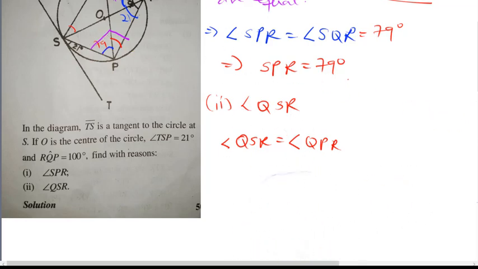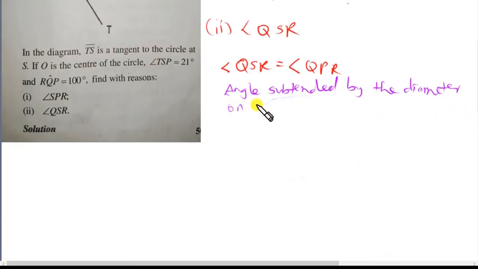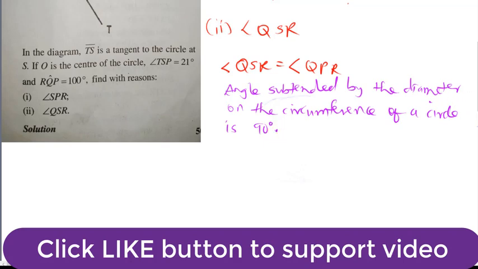All right, so let me write down something: the angle subtended by the diameter on the circumference of a circle is 90 degrees.